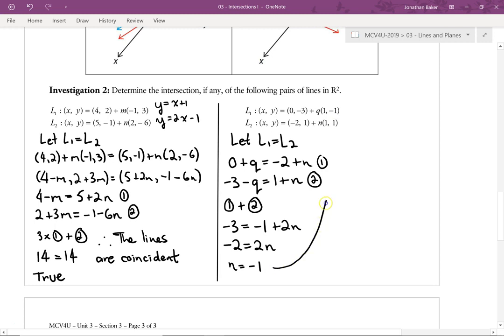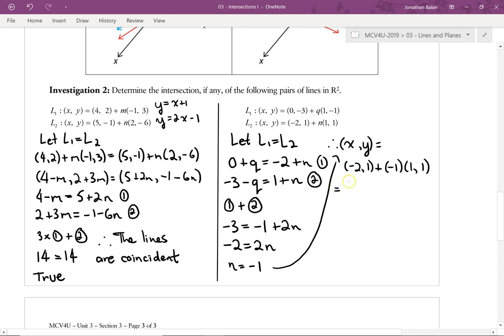So let's do that. So we can say therefore, right, x comma y is equal to, and I'll just go down the line here, negative 2 comma 1 plus negative 1 times 1 comma 1.